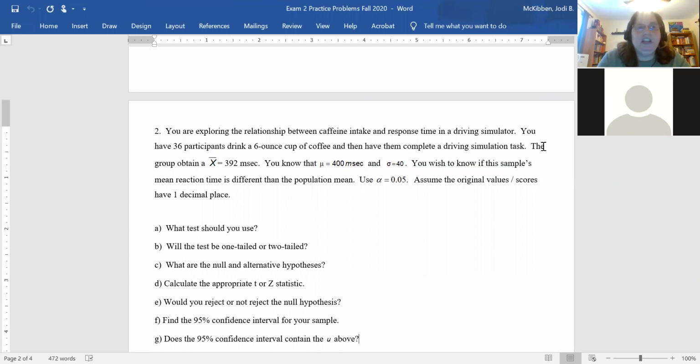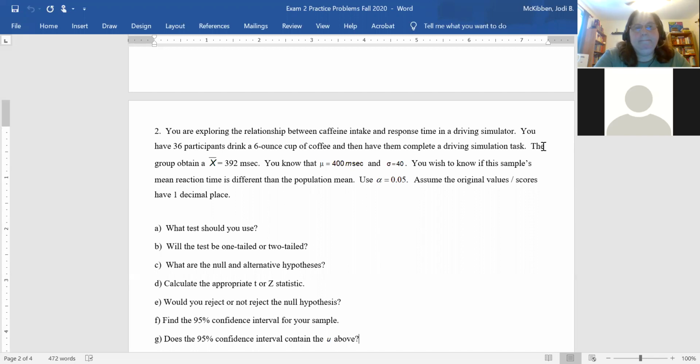The group obtains a sample mean of 392 milliseconds, and you know that the population mean is 400 milliseconds, and sigma equals 40. You wish to know if this sample's mean reaction time is different from the population mean. Aha, I'm comparing sample mean to population mean. Use alpha of 0.05 and assume the original values or scores have 1 decimal place.